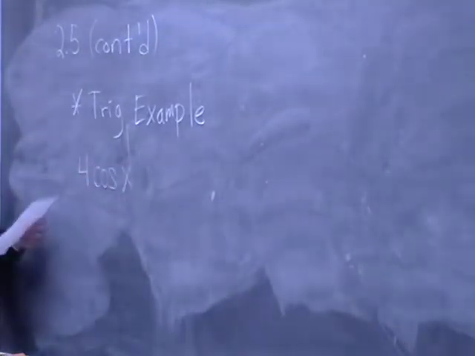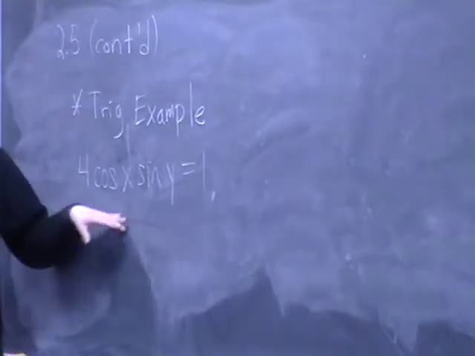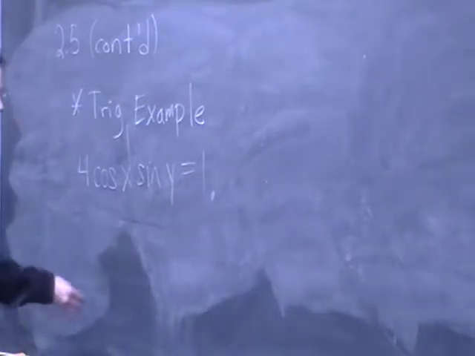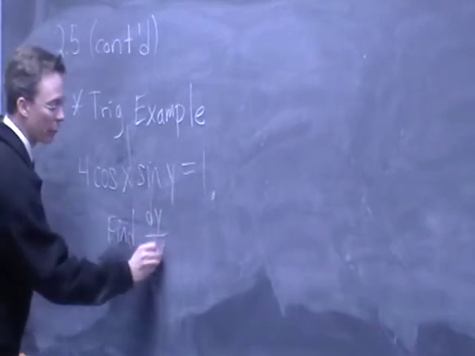So we've got 4 cosine x sine y equals 1. Guess what we need to do? Differentiate it, so find dy over dx.